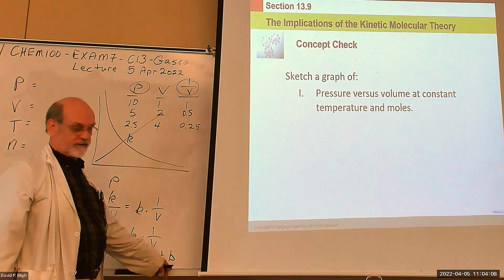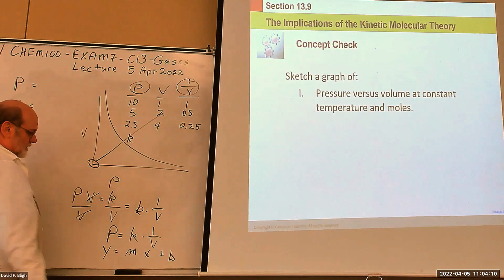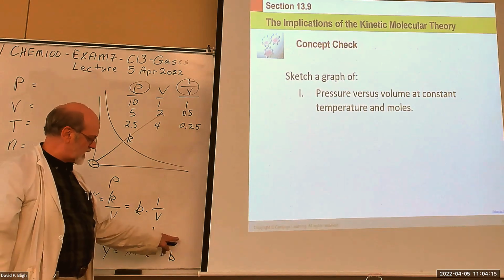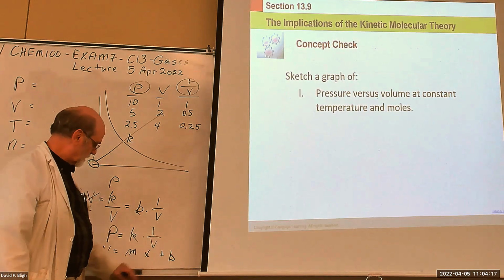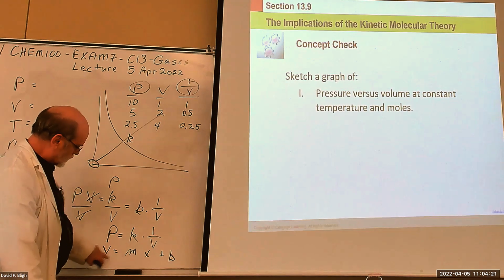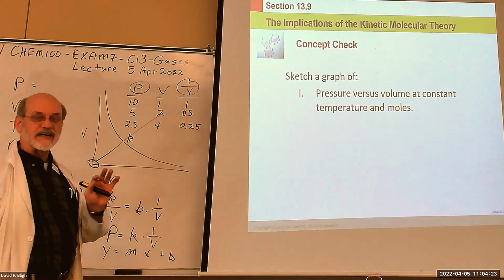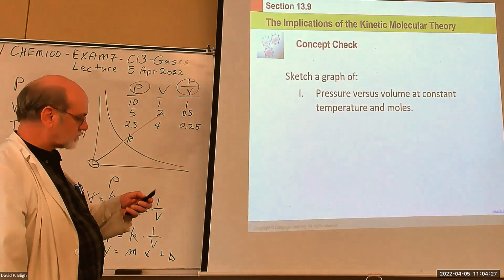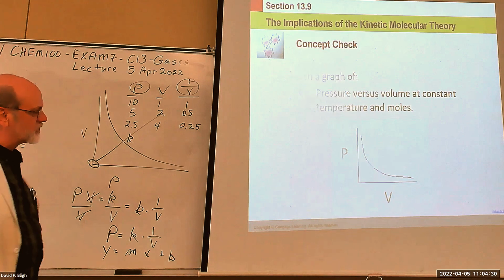Remember your math? b is the y-intercept. It's 0, right? There's no b out here. So the slope is K, and y is the pressure, and x is 1 over volume. That's how you get a straight line. And I think that's what this slide is trying to show you.